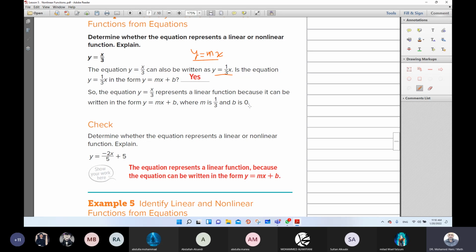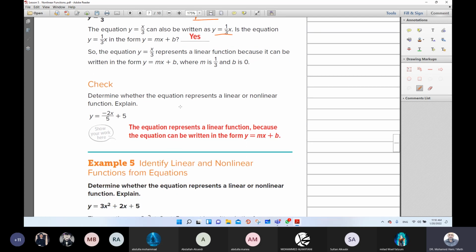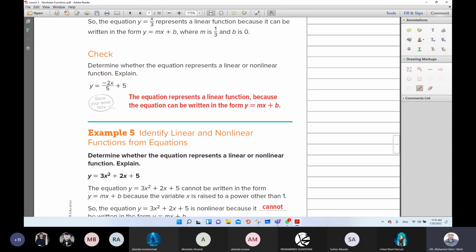Equal 0. In this example, determine whether the equation represents a linear or nonlinear function. Explain. We have this equation. Is it like this form y equal mx plus b?